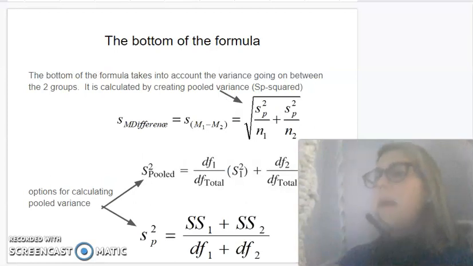So again, the bottom is called estimated standard error. Basically, it's trying to get at that these are samples I'm taking. It's not a population, and I'm going to be adjusting for that. And so to adjust for that, I'm going to take into account the variance that's happening as well as my sample size.